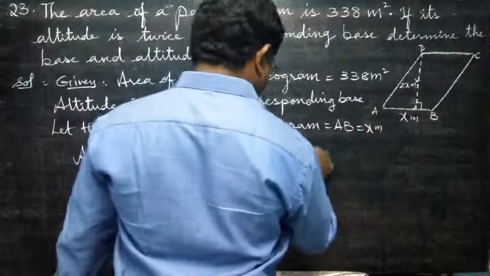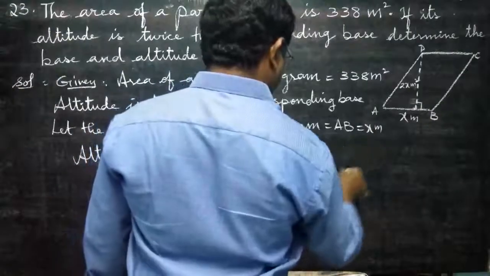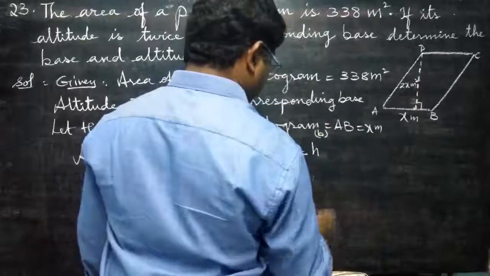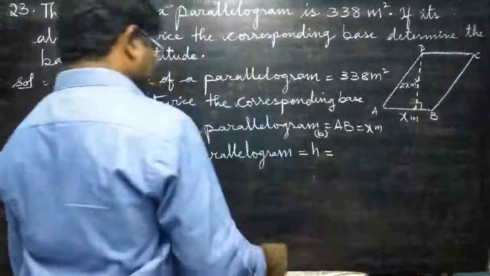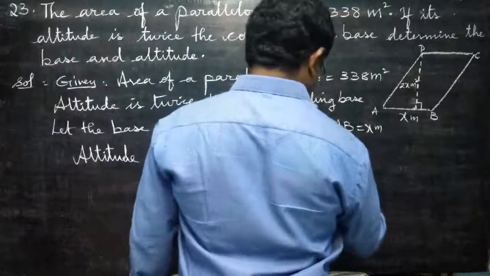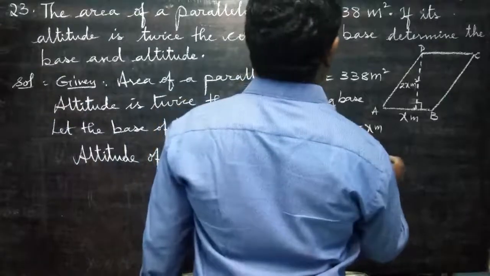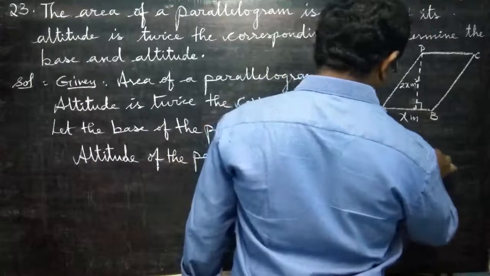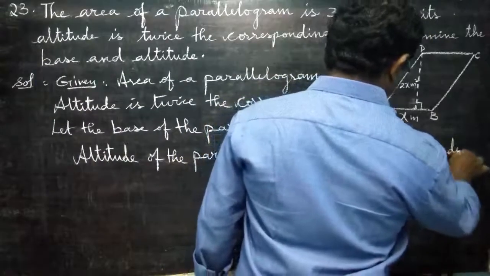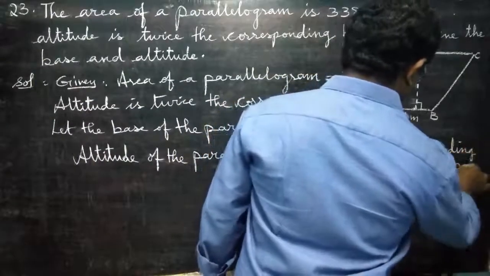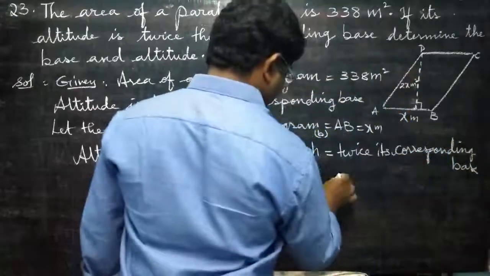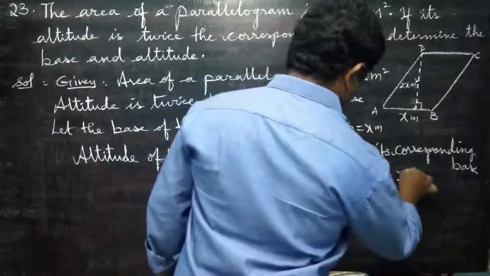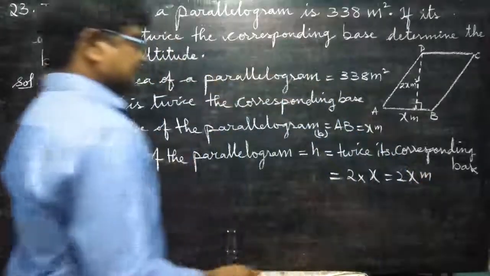We represent with H, base with B. Height is equal to twice its corresponding base. That is equal to 2 into x, 2x meters.